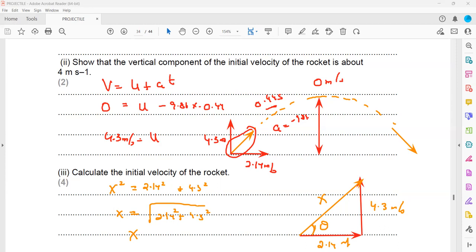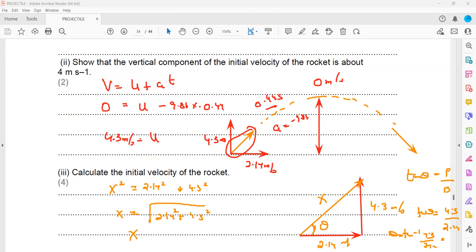Theta is equal to tan inverse, because we have the base and the perpendicular, so tangent theta is perpendicular divided by base. The perpendicular is 4.3 and the base is 2.14, so theta equals tan inverse of 4.3 divided by 2.14.